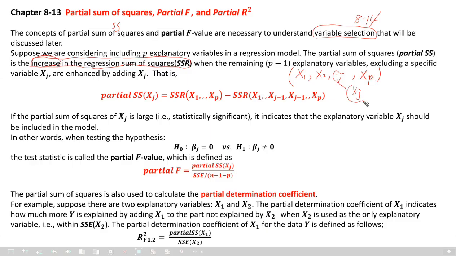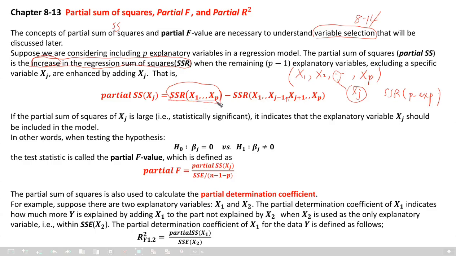Finally, you add xj in the model, then you will get SSR of the full model, say p explanatory variables, right? So SSR of x1 to xp, the full model, you are considering p explanatory variables, minus SSR except xj, right? x1, up to xj minus 1, xj plus 1, up to xp.